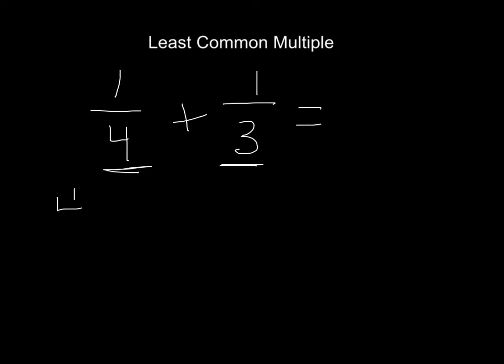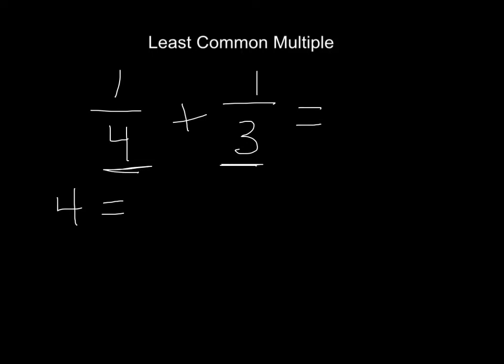Okay, so let's look at a problem like this. 1/4 plus 1/3 equals. I need to see that I do not have a common denominator. So let's start with 4. What are our multiples of 4? One way that I was taught that you could do multiples is to do skip counting.